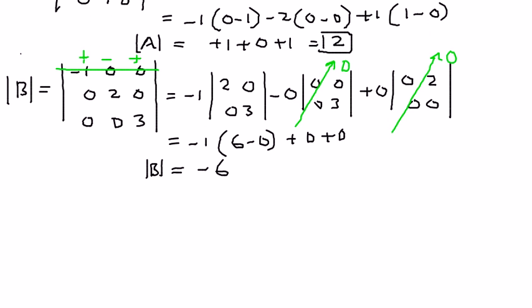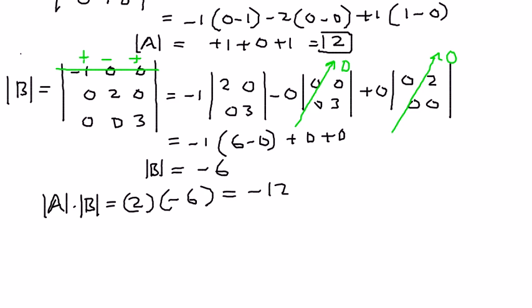Now we'll put everything together. So the determinant of A times the determinant of B is going to be 2 times negative 6, which is going to be equal to negative 12, and that is exactly what we had to start with.